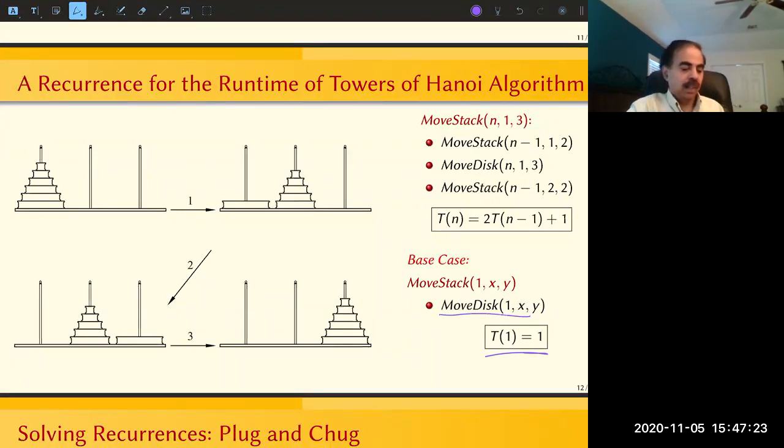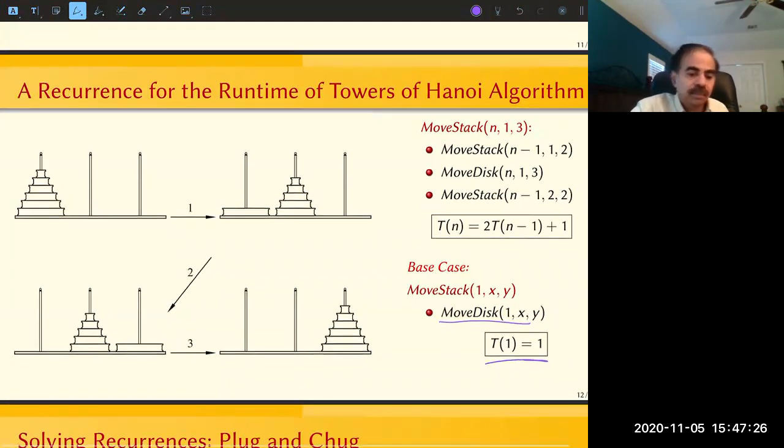Okay. So now what we are going to talk about next is, given these types of recurrence equations, is there a way to find a closed form solution to these equations? You know that there is some relationship between the runtime when the input is n and the runtime when the input is n minus 1, but it doesn't tell you exactly what that runtime is.